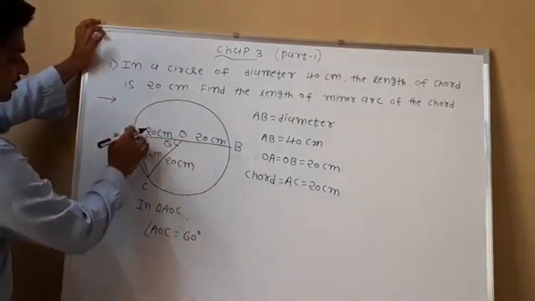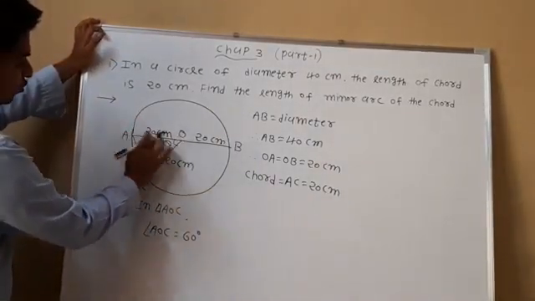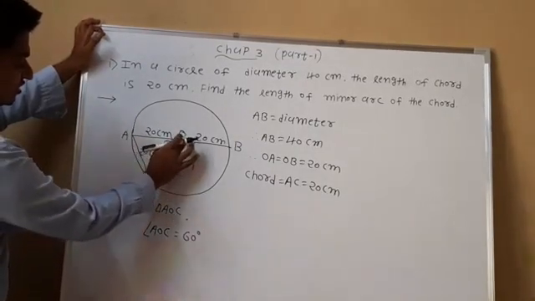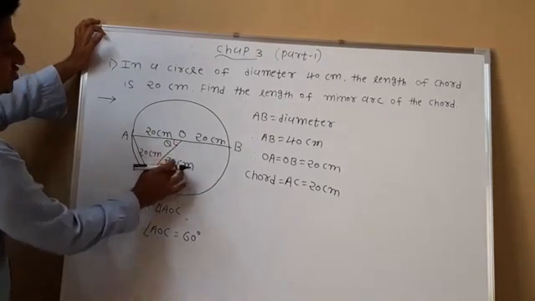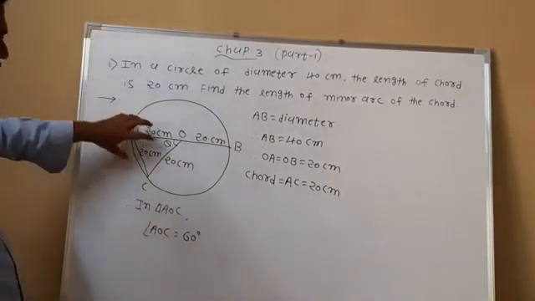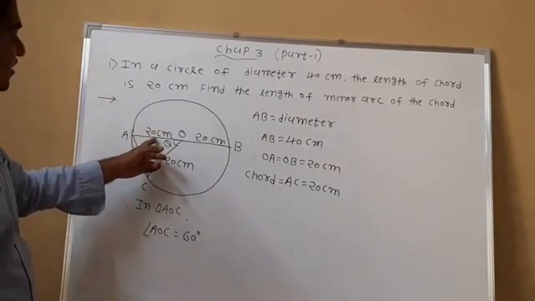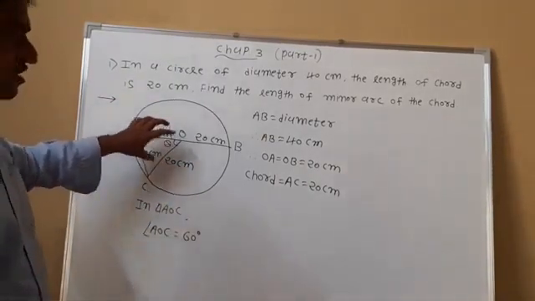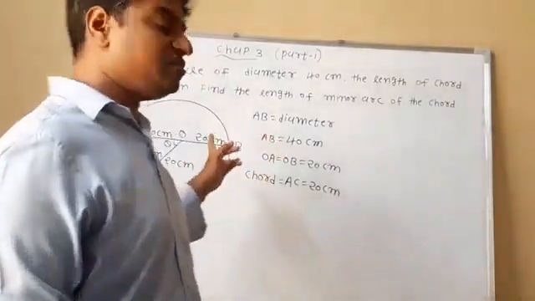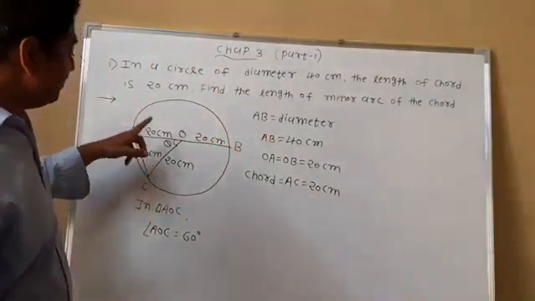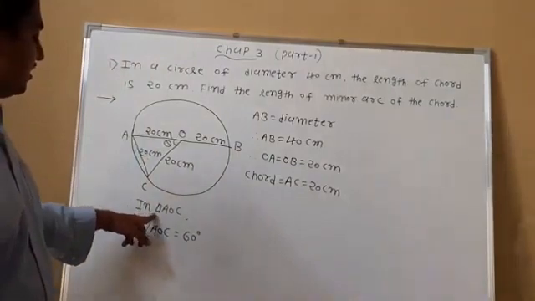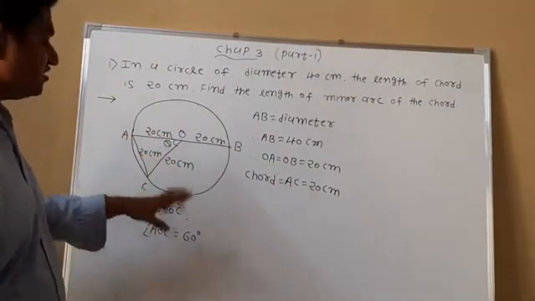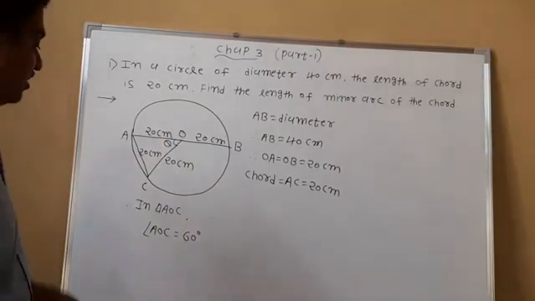Because OA is equal to 20 centimeter, AC is 20 centimeter and OC is also 20 centimeter. That means all these three sides have the same length. So that's why we can say that this triangle is an equilateral triangle. So in triangle AOC, angle AOC is equal to 60 degree.